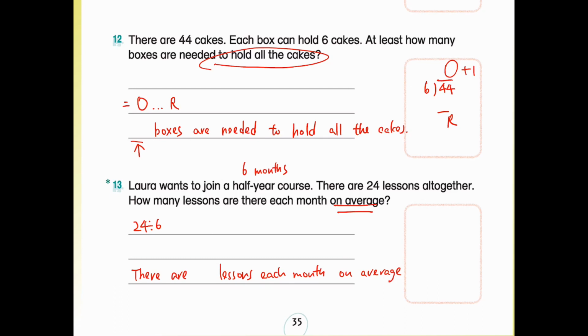Okay, I want to give you one little example to help you see the definition for on average. Let's say there are 2 months here, and the first month I'll be doing 1 lesson, and then the second month I'll be doing 3 lessons, let's say.